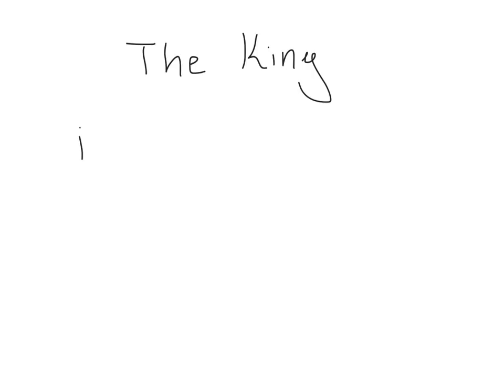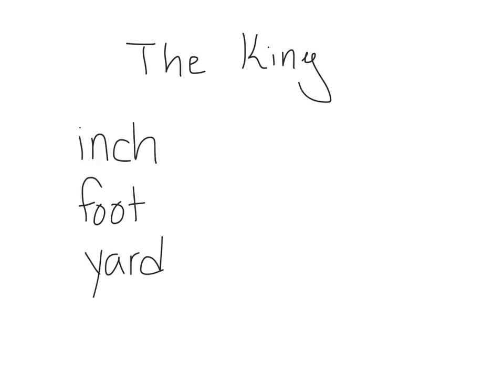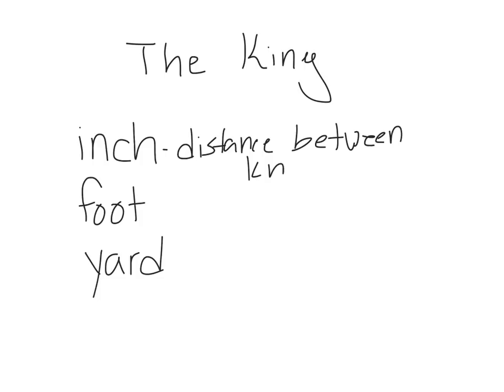And what he came up with was the inch, the foot, and the yard. Now, the inch he developed as the distance between your knuckle, but it has to be on your ring finger.